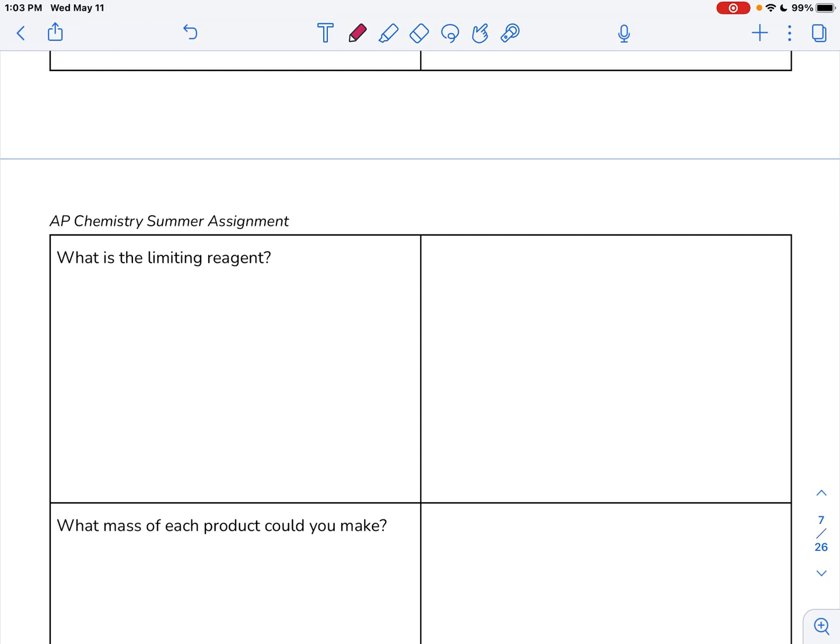So what you'll do is you take your 58.1 grams of Mg3N2, and then you're going to divide by the molar mass.